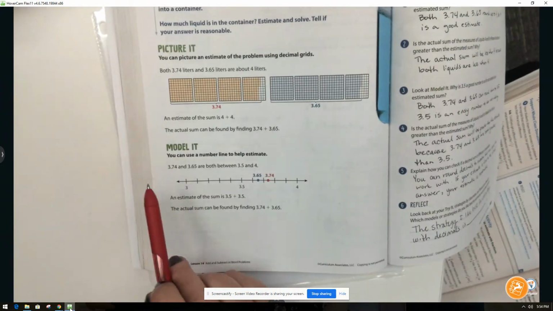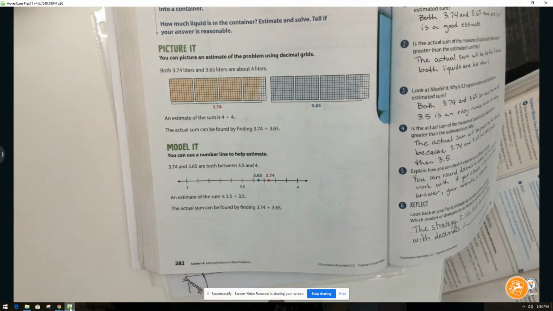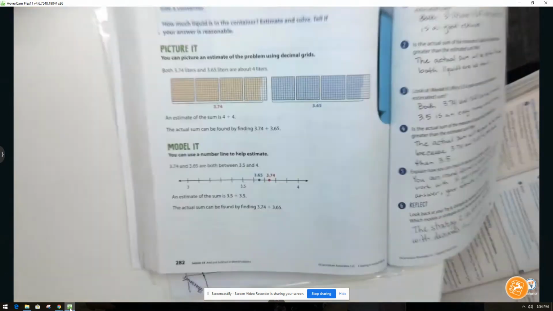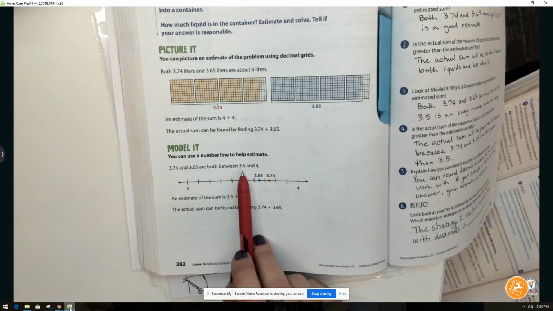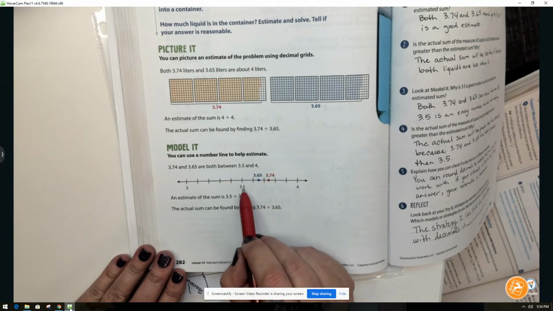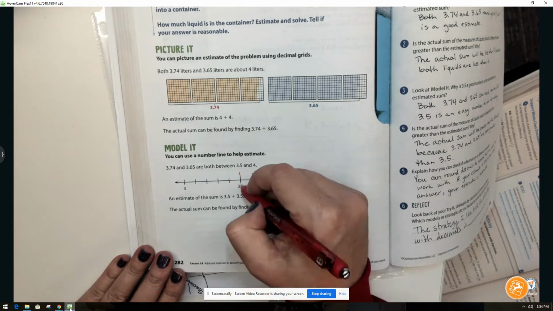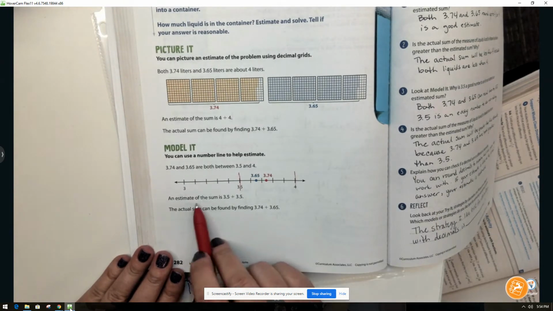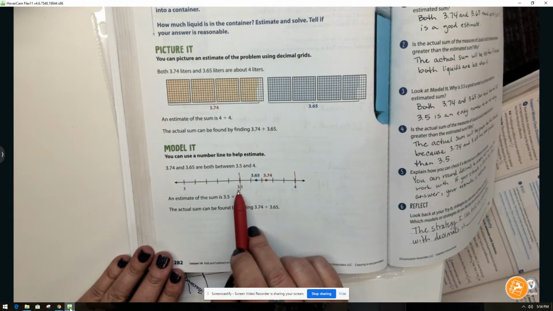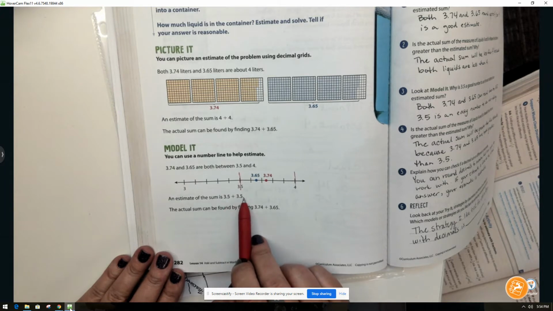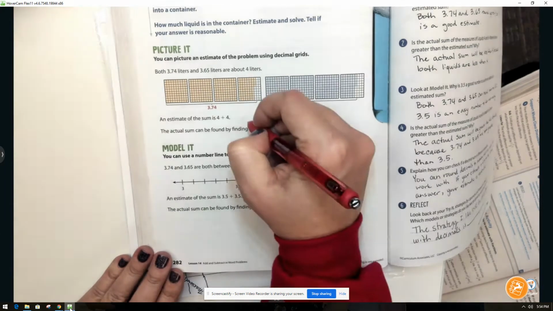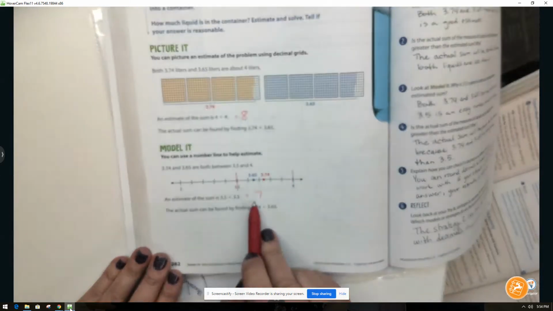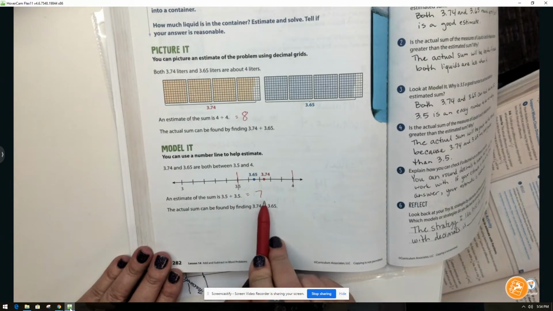You could also use a number line. 3 and 74 hundredths and 3 and 65 hundredths are both between 3.5 and 4. So you've got 3.5 here and 4 here. We could also round both of these down to 3.5 and add them together, which would equal 7. Up here, this equaled 8. Here, 3.5 plus 3.5 equals 7.